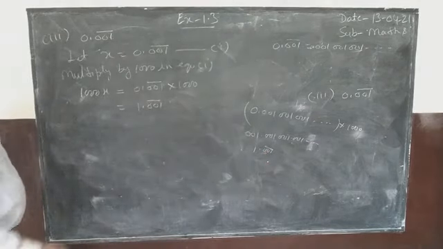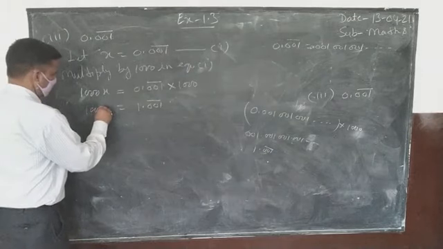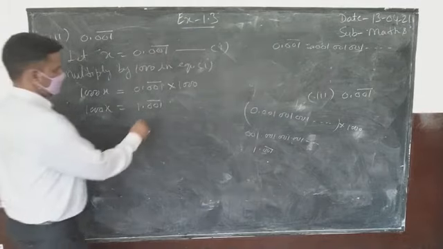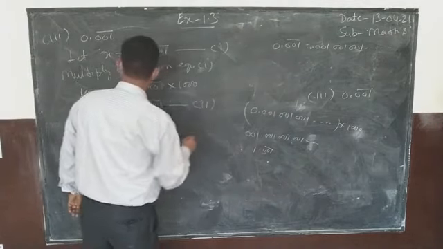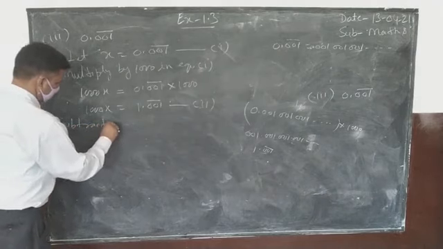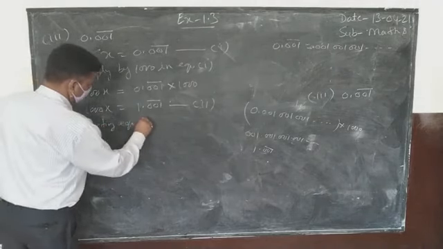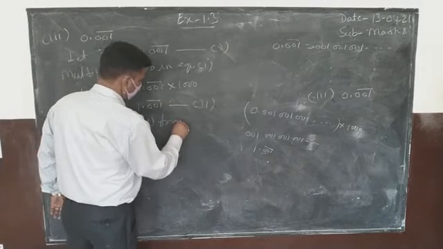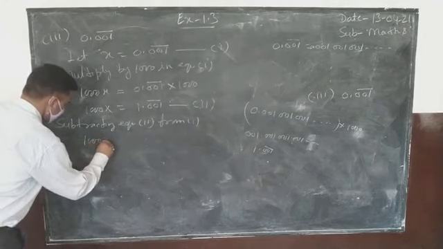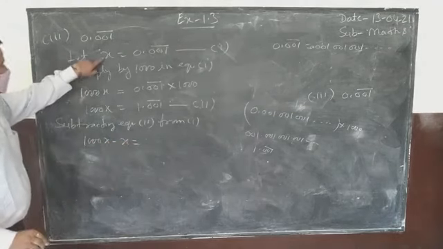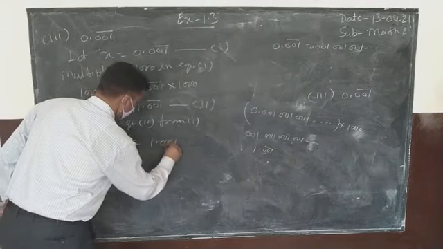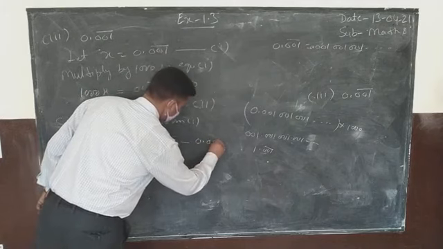Next, you will subtract equation first from the second. This is equation second. So subtracting equation first from second: 1000x minus x, that is 1x. 1000x minus x equals 1.001 bar minus 0.001 bar.